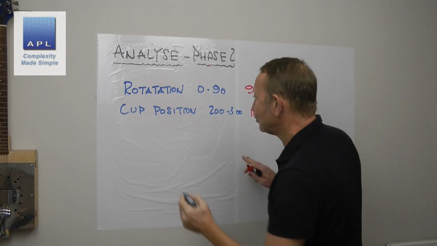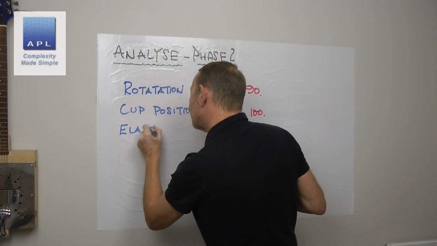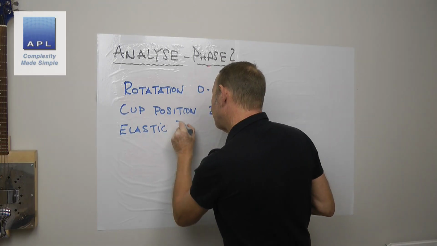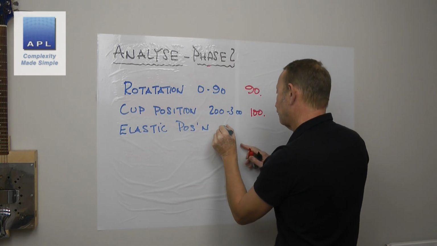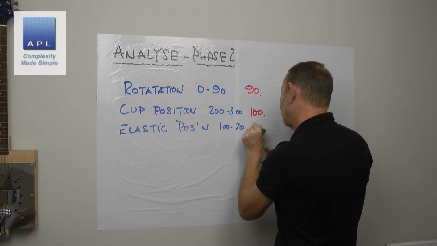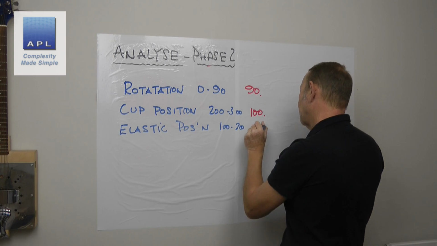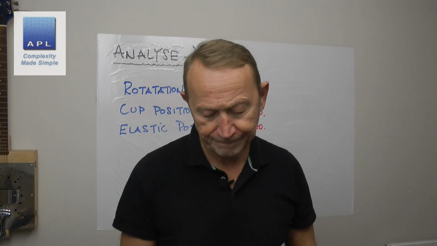We've got the elastic position, and again I think there are 100 choices on this. The elastic position goes from 100 to 200, and that gives us 100 different positions that we could test.